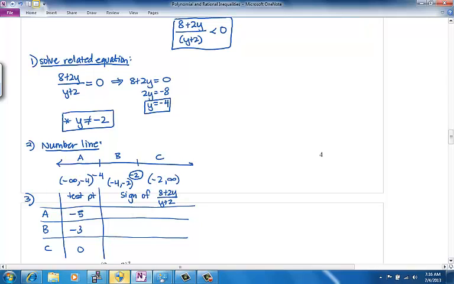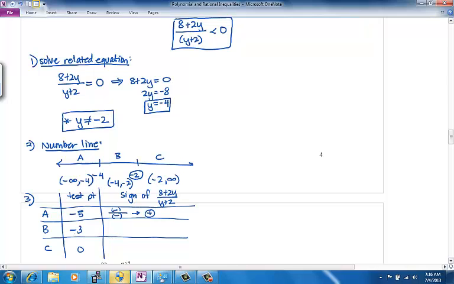8 plus 2 times negative 5, that's going to be negative. And the denominator, negative 5 plus 2, that's also negative. Negative over negative is going to yield a positive quotient.